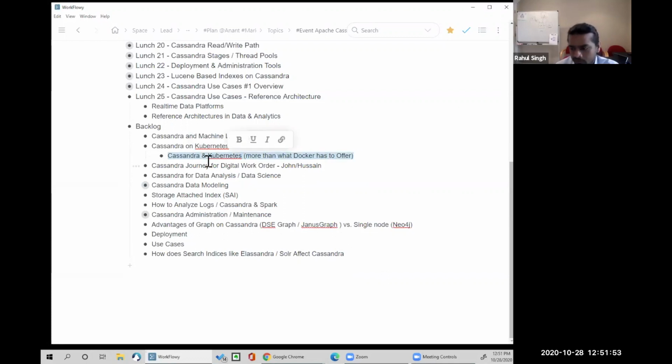In fact, I have a blog post that I have to write for the Cassandra.Apache.org website that basically brings together the canonical way of doing Cassandra on Docker and Cassandra on Kubernetes. So maybe I will put that a little bit later. But that's exactly what we're going to end up doing in the next couple of weeks: Cassandra on Docker and then Cassandra on Kubernetes.